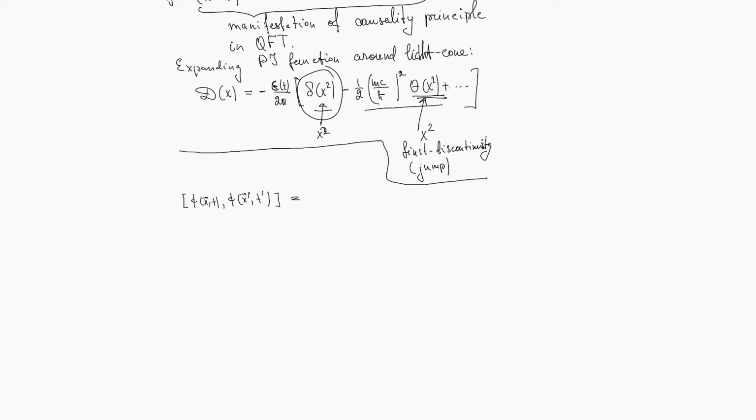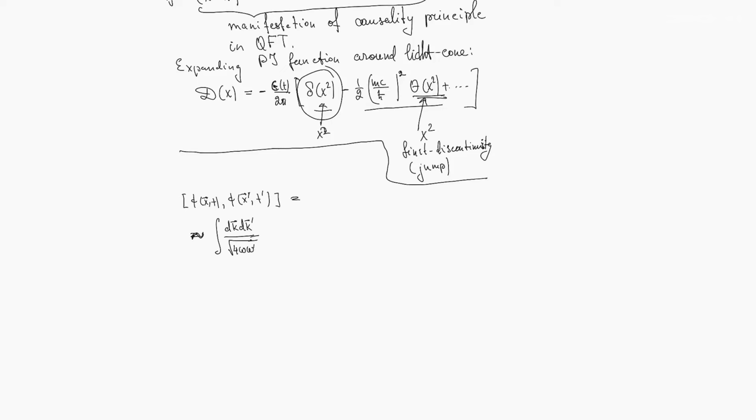Up to a prefactor, which contains c, 2 pi, h bar, we will get the following: dk dk prime, three-dimensional integrations, and then there will be 4 omega omega prime, omega depending on k, and omega prime depending on k prime.